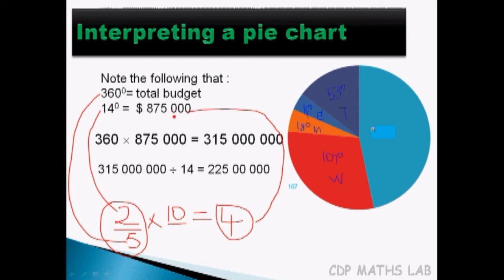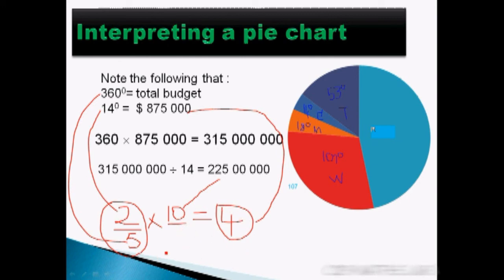So you are given this information now to find the 10, which would represent the $22.5 million or the $22,500,000. So the question is then, how do we use the number in this circle and the number in the circle to find the 10?